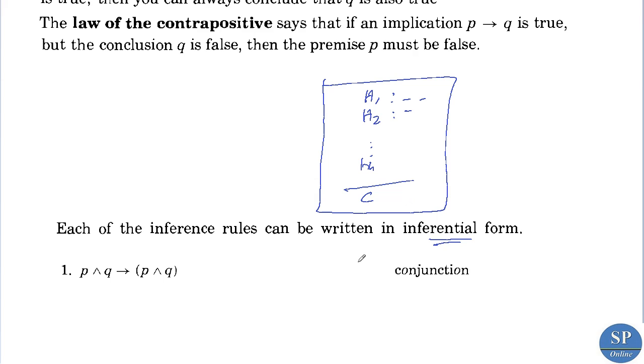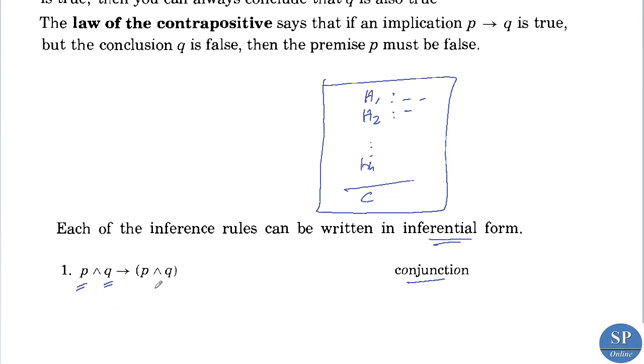For example, we have the conjunction rule: P conjunction Q implies P conjunction Q. That is, if P and Q are true, then P conjunction Q is also true.